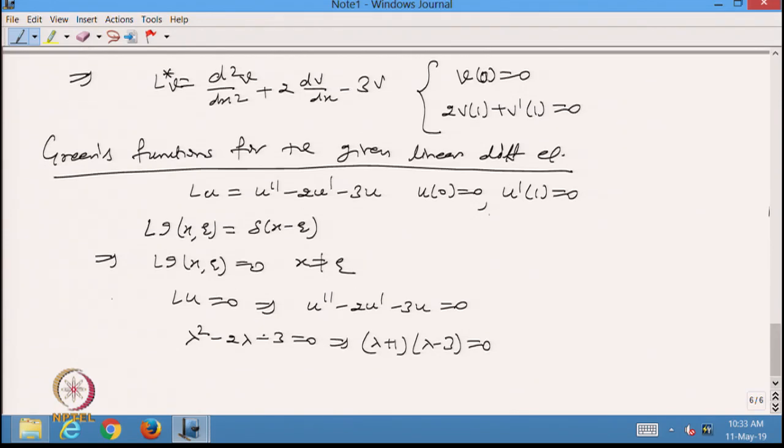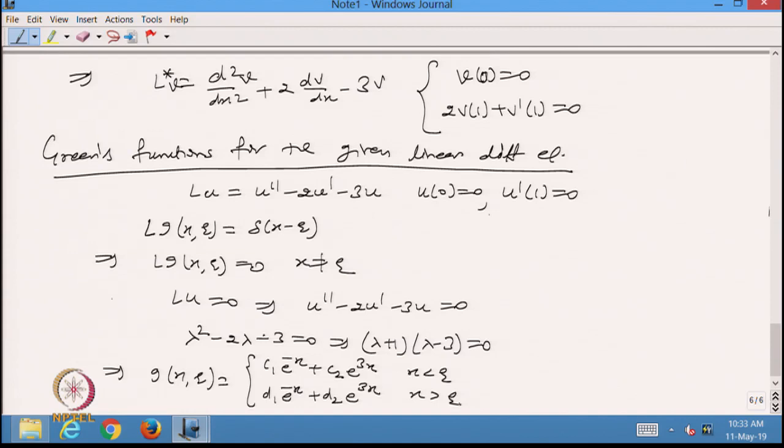So, the Green's function in this case can be written as C1 e^(-x) plus C2 e^(3x) when x is less than xi, and D1 e^(-x) plus D2 e^(3x) when x is greater than xi.